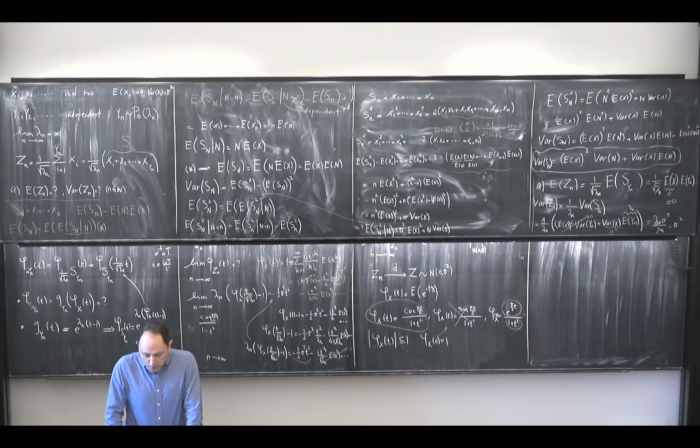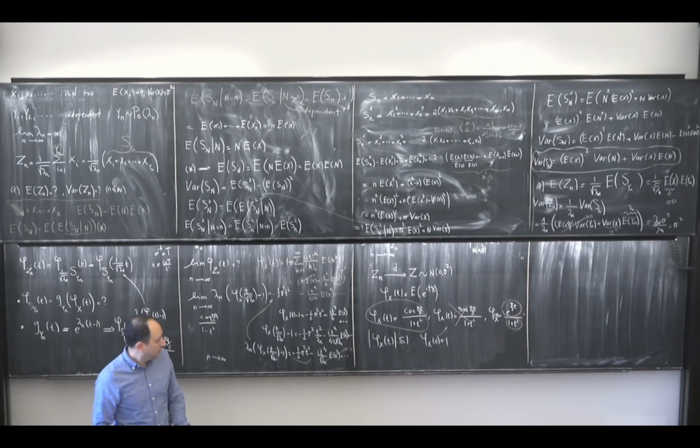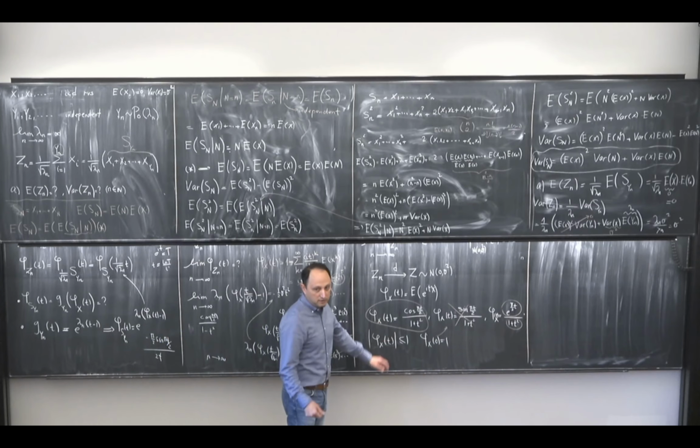Determine whether the probability density function is a symmetric function. It means that it is an even function. Do you remember a theorem in the book? Yes, what was the theorem? Phi is real. So if phi is real, then that is symmetric.